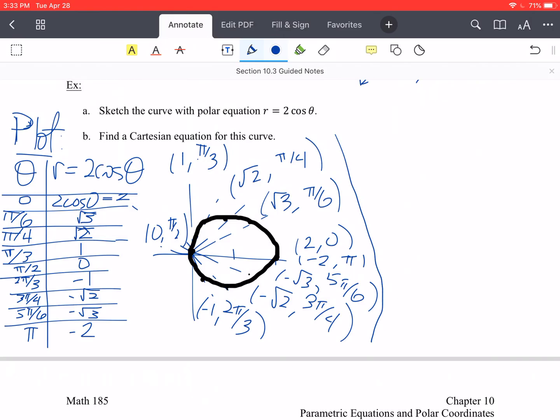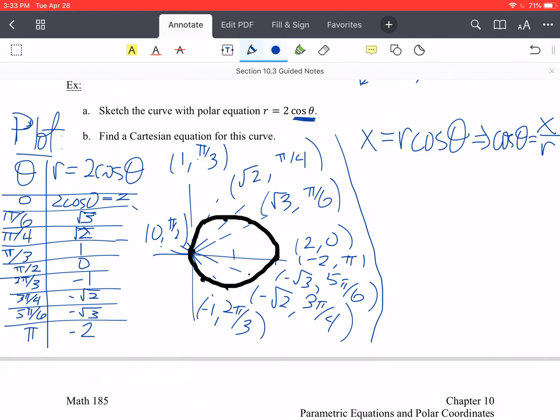We don't want it in terms of r and theta anymore, so let's start playing around with what we know. We know that x equals r cosine theta. So I'm going to write cosine theta is x over r. Okay, so we get that from that formula.